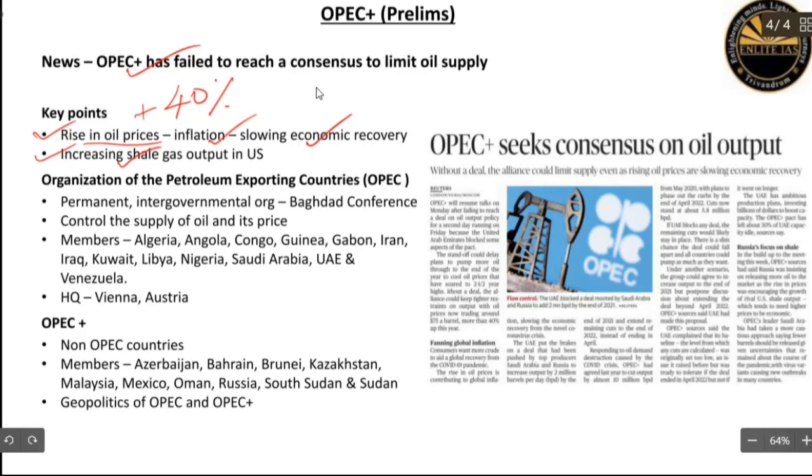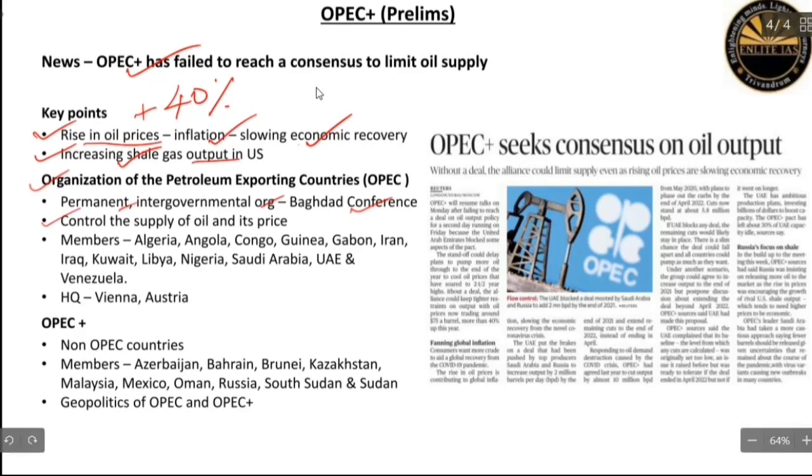The article also mentions increasing shale gas output in the US because of the rising oil prices. We'll come to that later on. We have to know about OPEC and OPEC Plus in this context. OPEC is a permanent intergovernmental organization formed as a result of the Baghdad Conference in 1961.